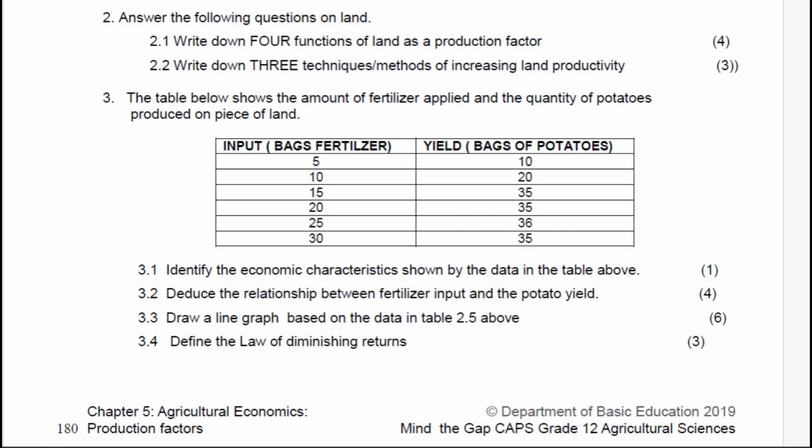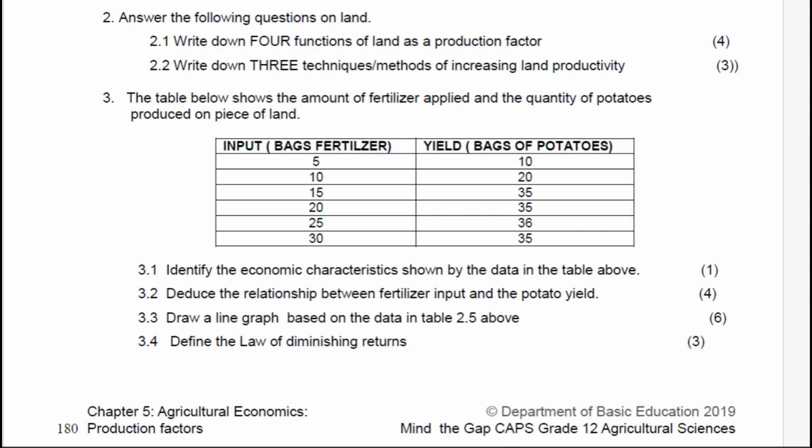The inputs increased in increments of 5, starting from 5 bags of fertilizer up to 30 bags. When examining the yield, we observed that the output, measured in bags of potatoes, initially increased. After reaching a certain limit, the yield became constant and then began to decline. So the economic characteristic of land shown here is the law of diminishing returns.